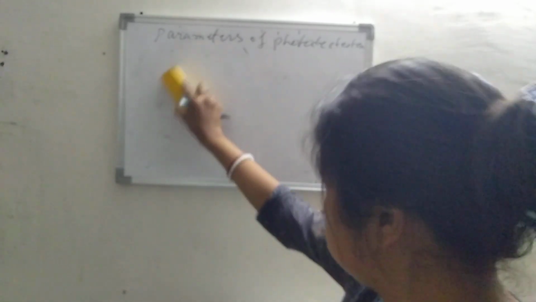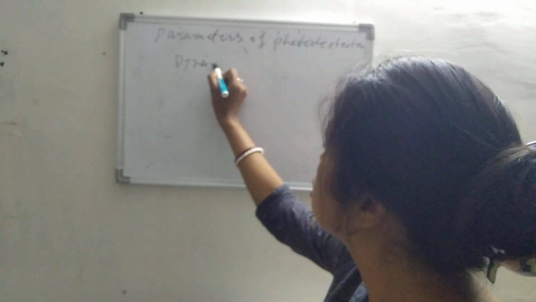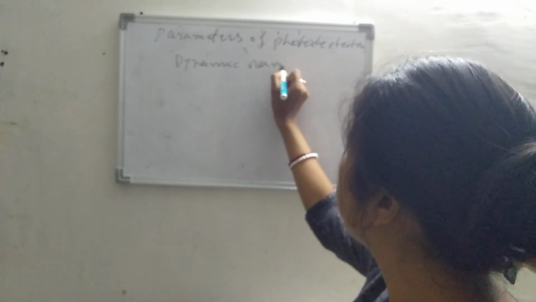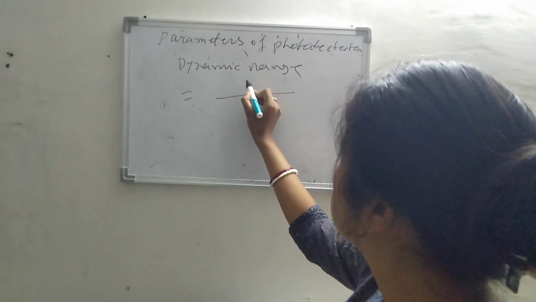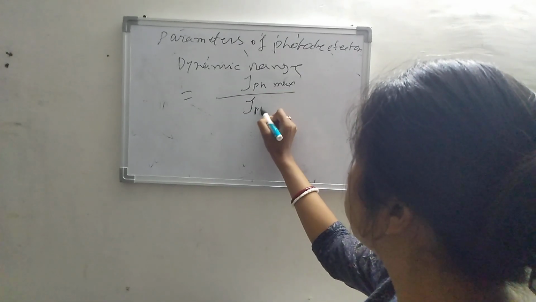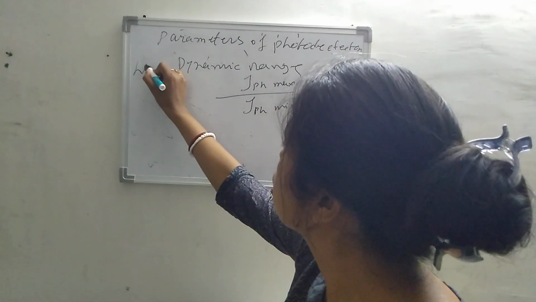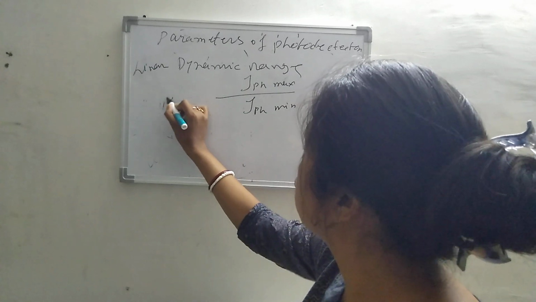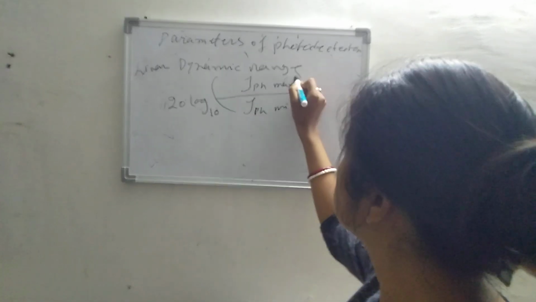Next is the dynamic range. Dynamic range is the ratio between J_ph max by J_ph min. How will we calculate this? 20 log10 of this ratio.